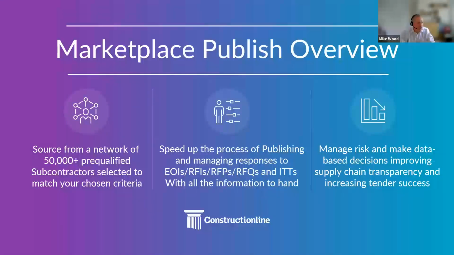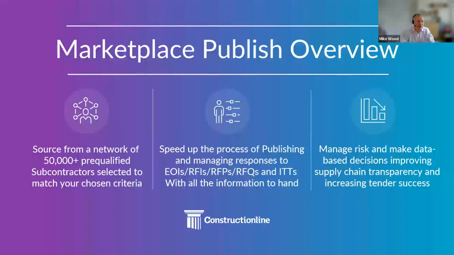You can source from a network of up to 50,000 pre-qualified subcontractors that through Publish can be selected to match specific chosen criteria. Specifically, it's designed to speed up the process of publishing and managing responses to expressions of interest, requests for information, RFPs, RFQs, and even ITTs by having all the information in one place directly to hand.